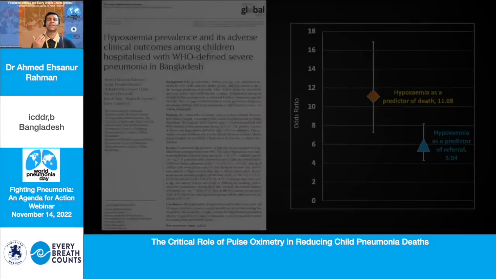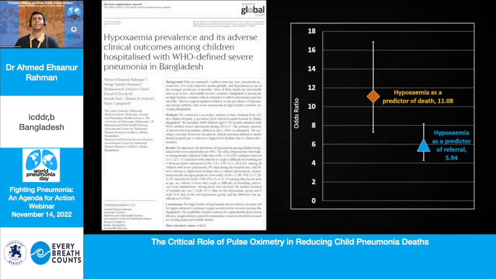We conducted this study in our hospital at icddr,b, where we treat children with pneumonia. For us, hypoxemia as a death predictor was 10 times, and hypoxemia as a management failure, with referral as the proxy, was around 6 times. These are big numbers, 10 times and 6 times, when we were trying to treat.